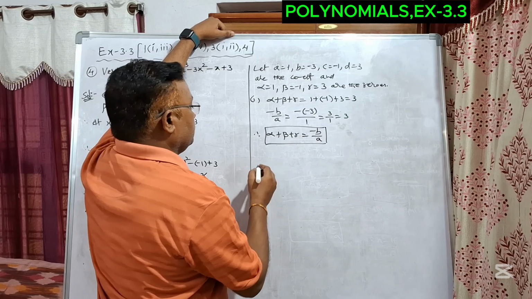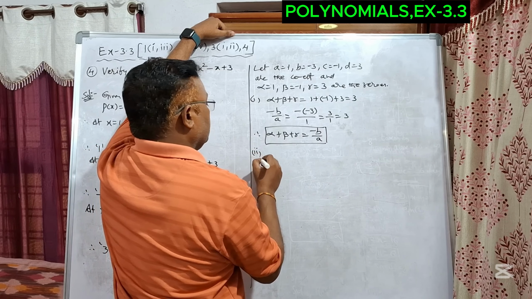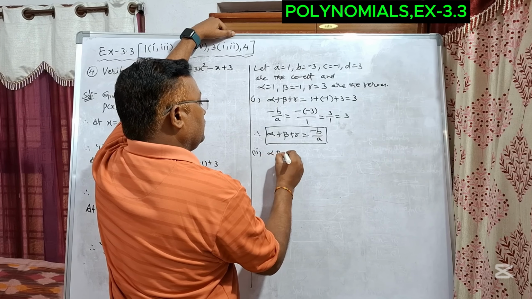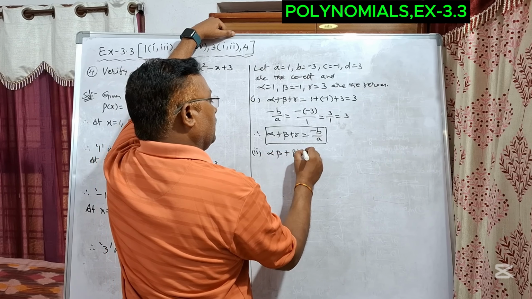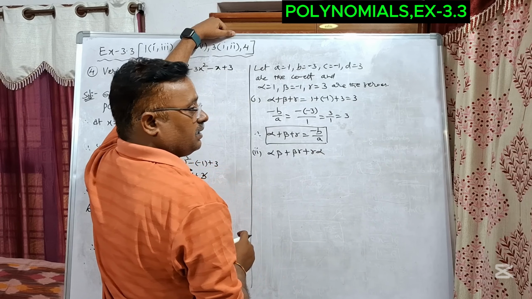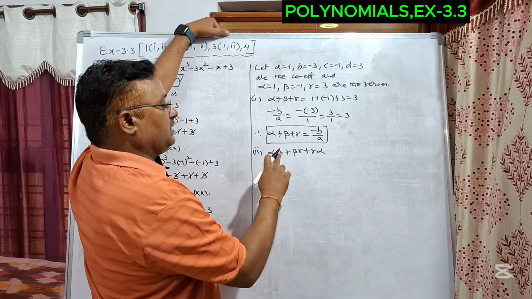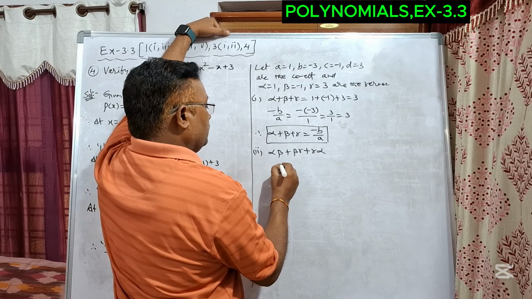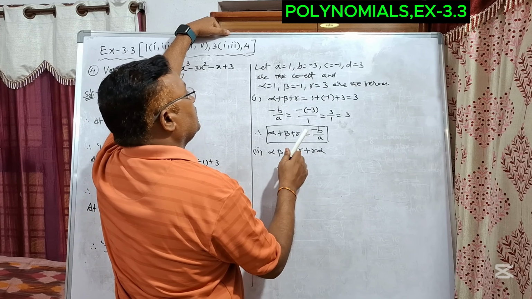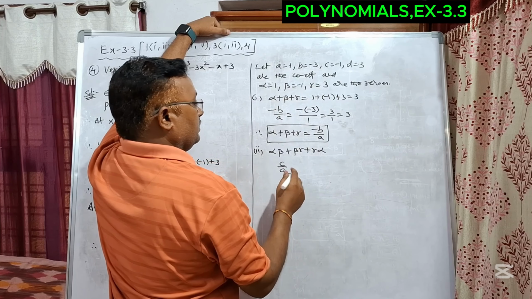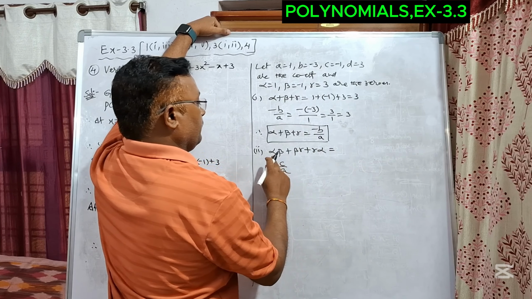Verified, both are same. Second relation is alpha into beta plus beta into gamma plus gamma into alpha. Product of two zeros taken at a time with their sum should be equal to c by a. That should be equal to c by a value. So, we need to find out them separately. Okay.